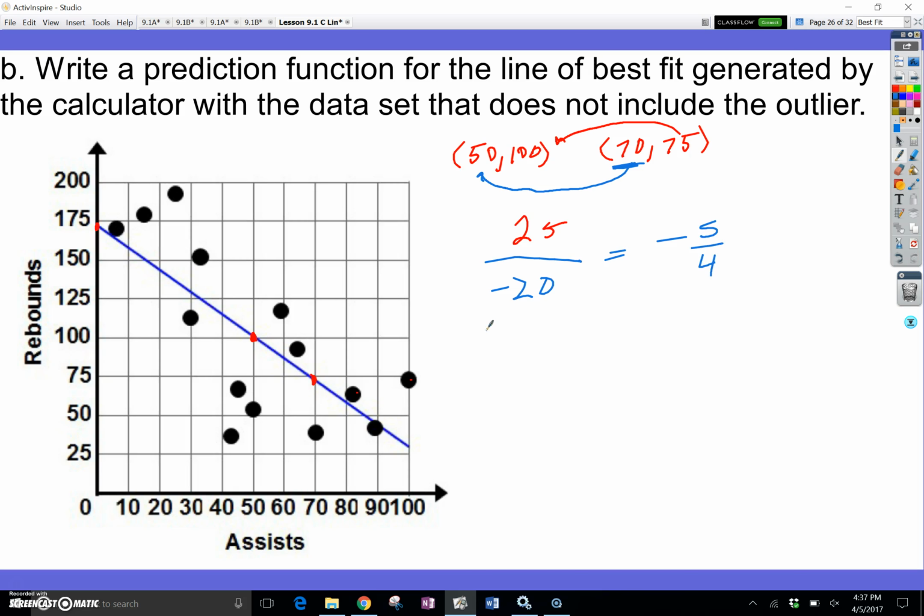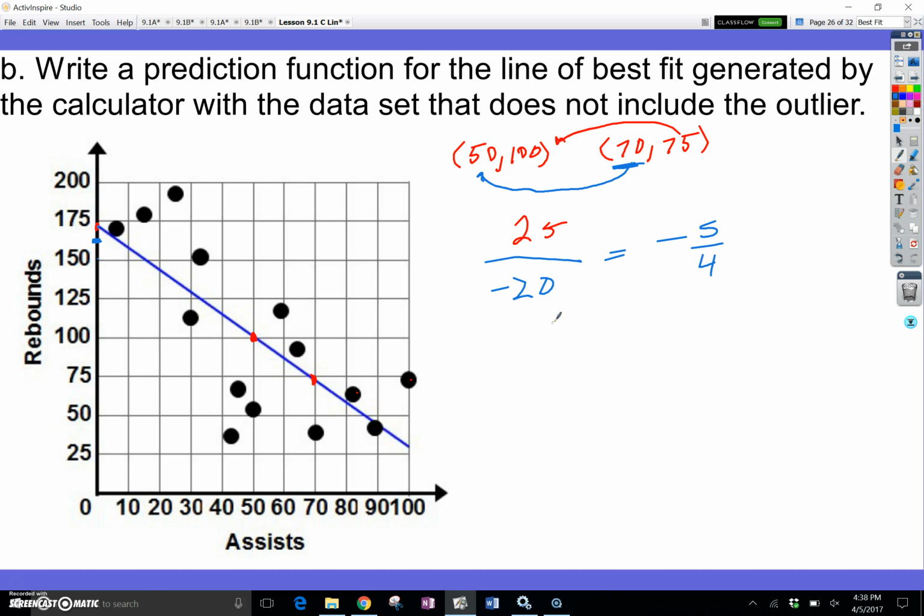Then, to figure out my y-intercept, I would just look at my graph, and if this is like 175, this is 150, half of that is 162, so it would look pretty close to like 175. But let's actually go ahead and find it by choosing these points.